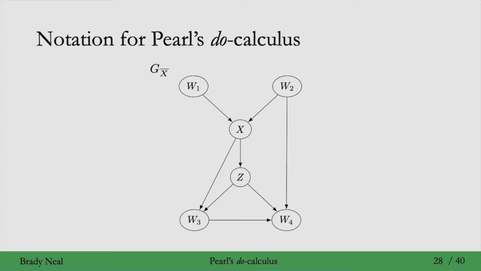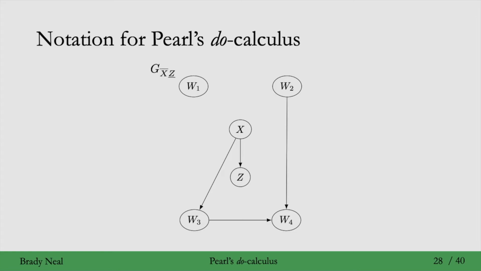In this graph, as you might have guessed, we cut the edges above x. So that's G sub x with the line over x. The mnemonic is the same here. We're just cutting the edges that are above x when you think of parents as being above their children. And then if we added on z with a line below it here, we would just be cutting the outgoing edges of z.